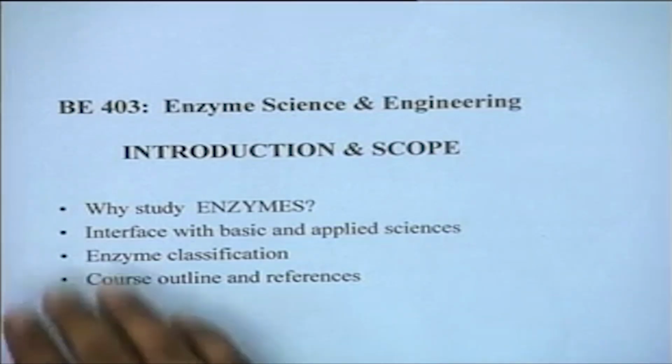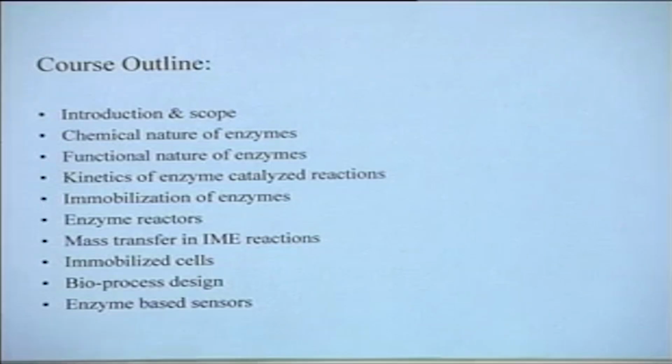So, in fact, this is the last phase of today's lecture, which will cover the course outline and references, and the course will broadly cover these aspects. I have given you some idea about the introductory remarks on the enzymes as a process biocatalyst. We will go into a little more detail on the chemical nature of enzymes, that means enzymes as proteins.